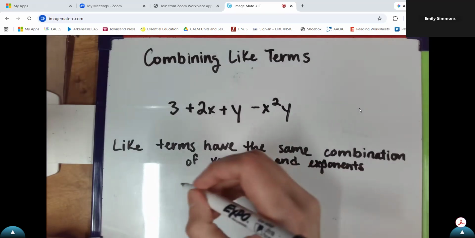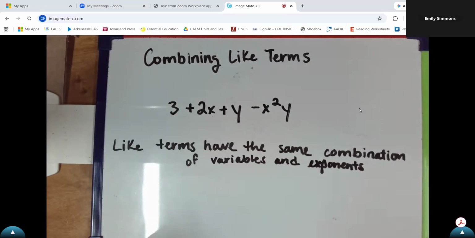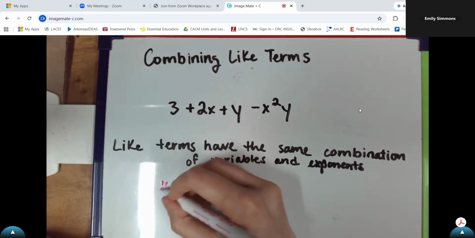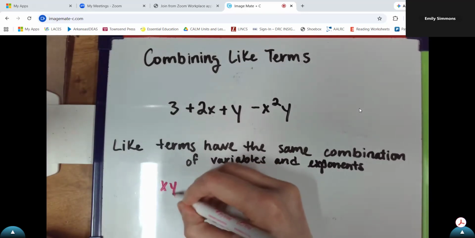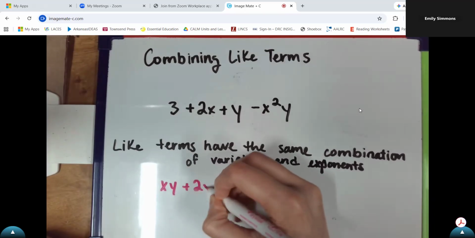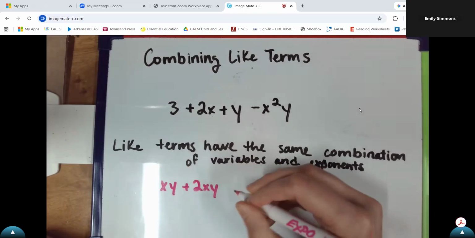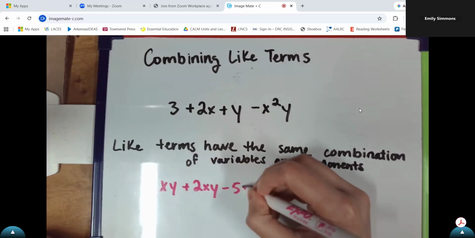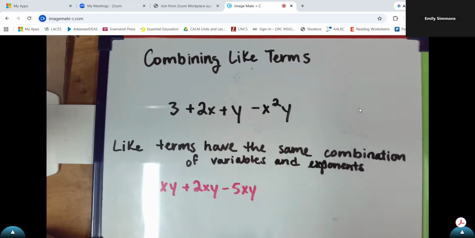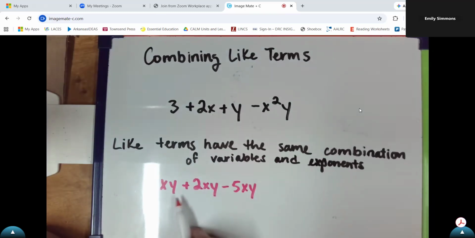So let's look at some like terms. One set of like terms we could have is xy plus 2xy minus 5xy. All of these are like terms.